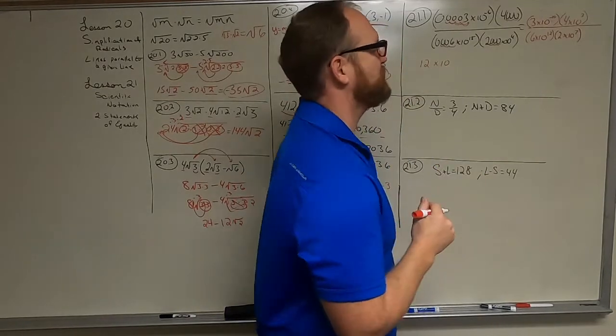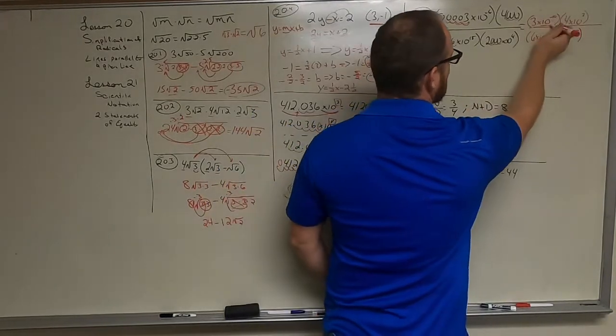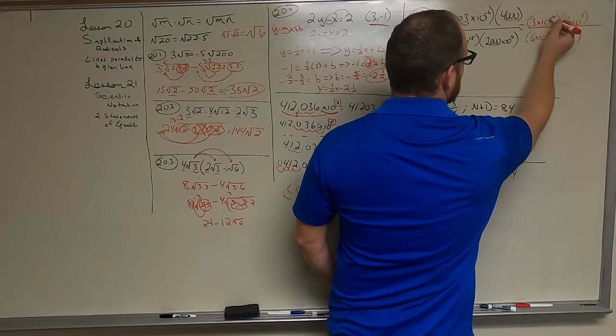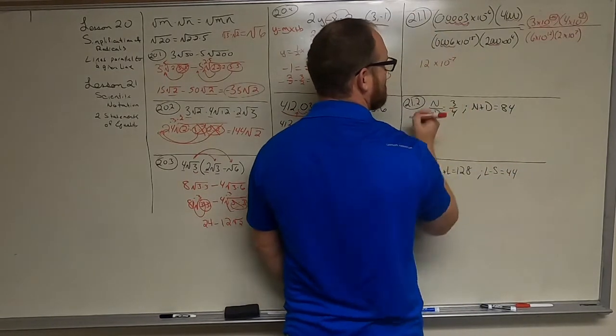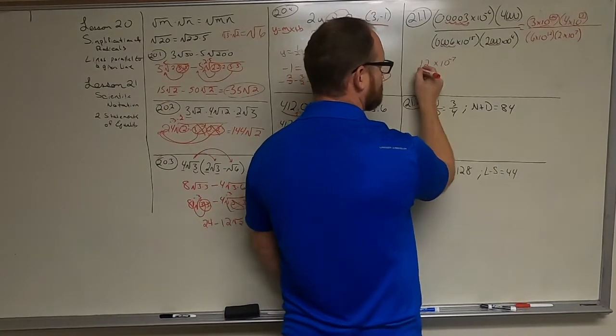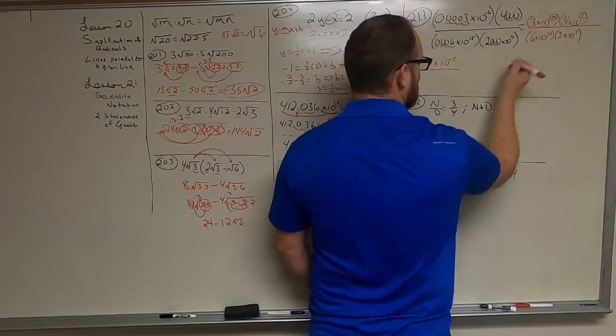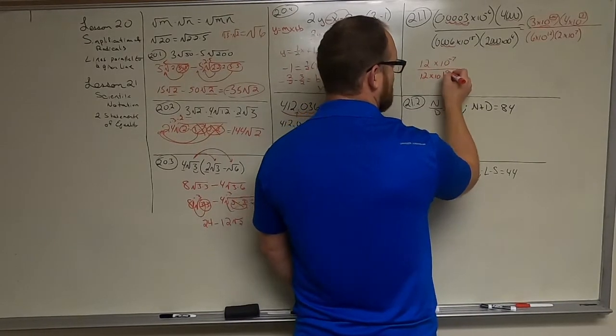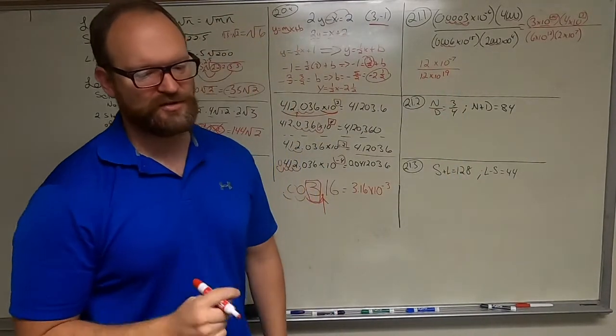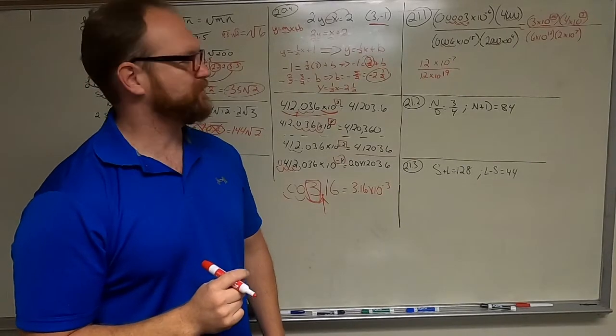No, we add the powers. So same base, 10 and 10, then we're just going to add those powers. So it's going to be a negative 7, because negative 10 plus 3. All right, so 6 times 2 is 12, times 10 to the 19th, because we just added the powers.